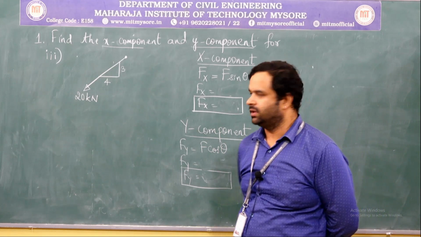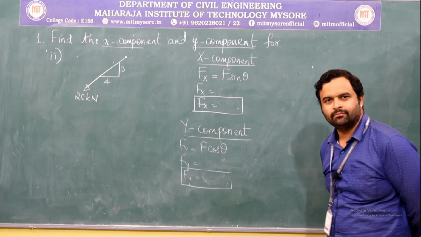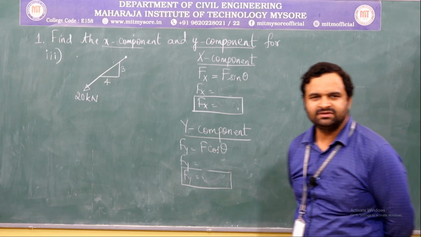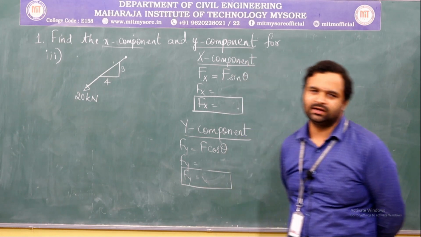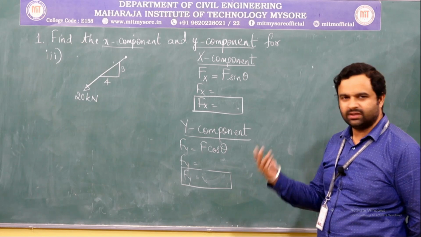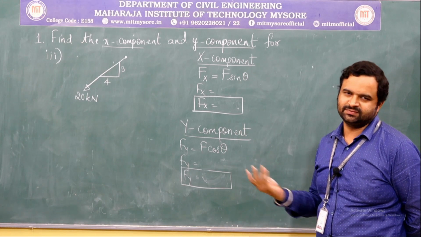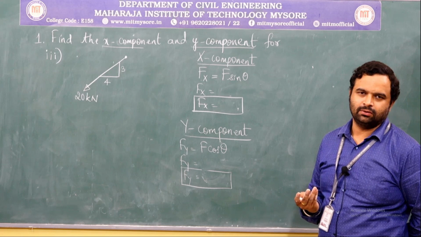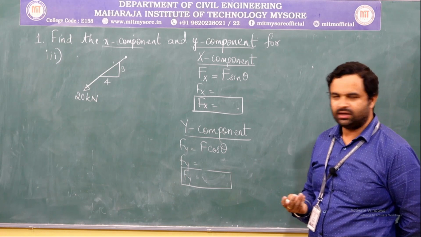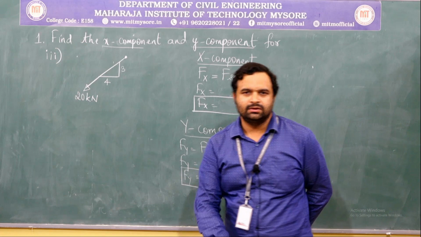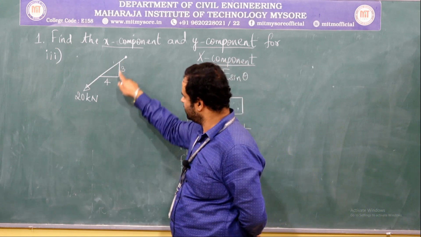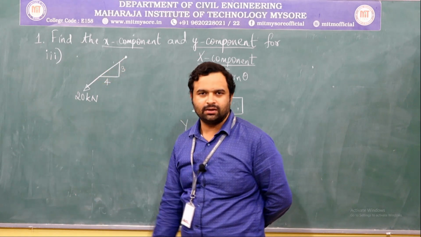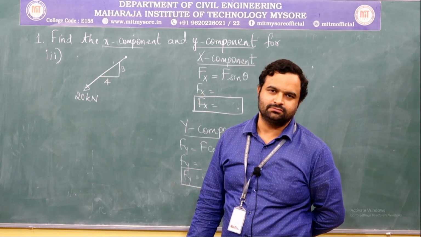Now, if you observe the diagram, is anything missing? Yes, the angle of inclination with respect to either x direction or y direction is missing. But instead of that, they have specified something in the form of 3 and 4. If you consider this part, it looks like a right angle triangle.